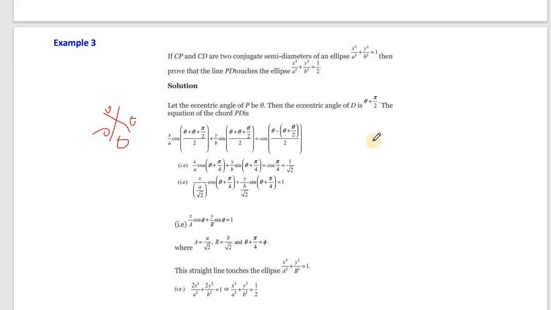Then the equation of the chord PQ is, so we have the C, P and D. So if this angle is taken as theta, we know very well that the next one is pi by 2 plus theta.